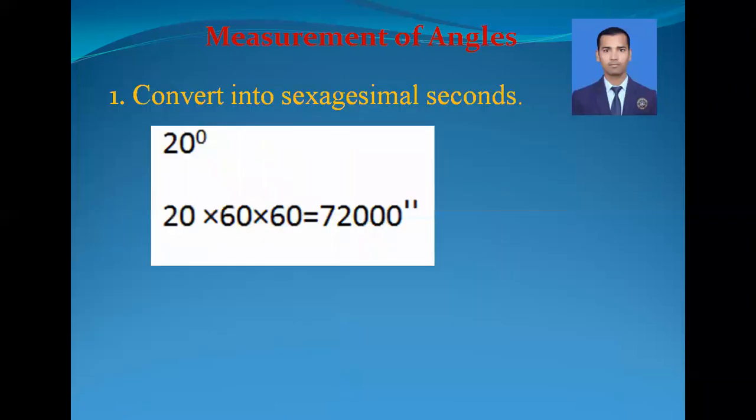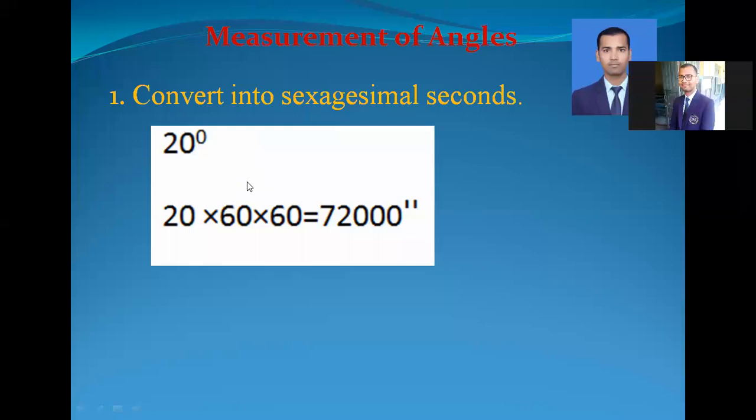Here in the first question that you can see, convert into sexagesimal seconds. If there are questions like this, and the question commands us to convert the given value into sexagesimal seconds, we should follow the rule of degrees, because sexagesimal is related to degrees and minutes.